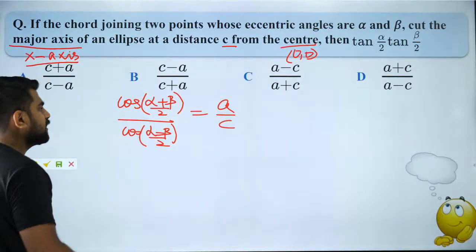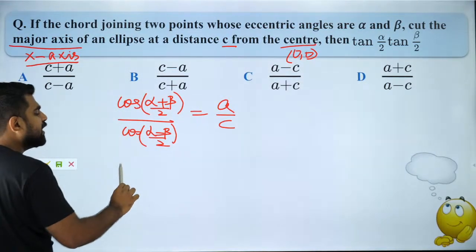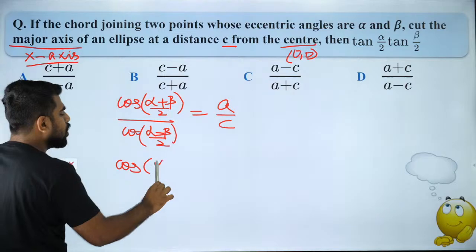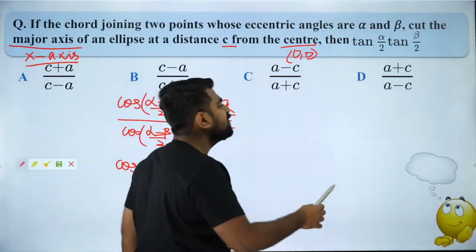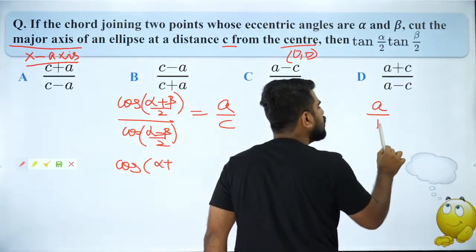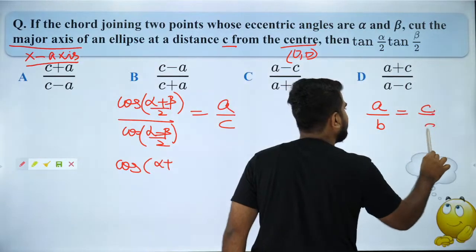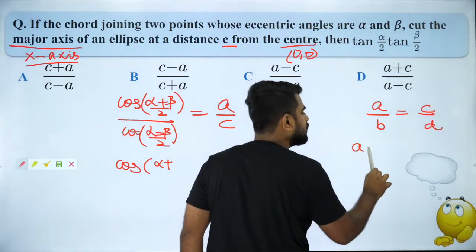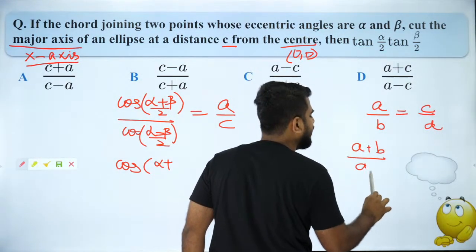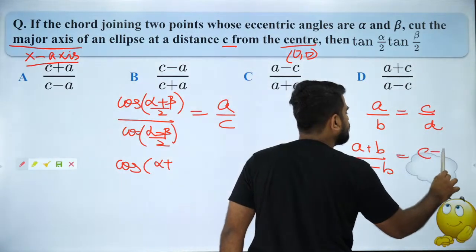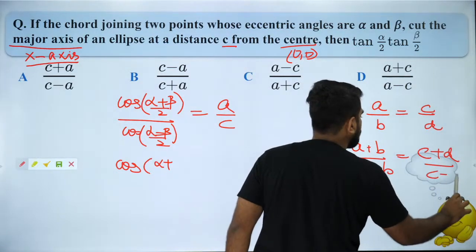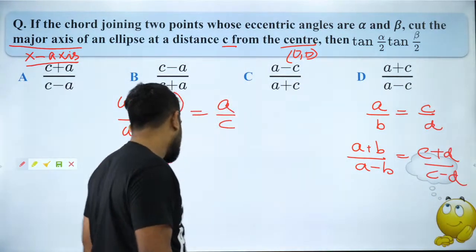Yes? Perfect. So now I will use componendo dividendo. What is componendo dividendo? When you have ratio and proportion, let's say you have a by b is equal to c by d, componendo dividendo says if you write a plus b by a minus b, that will be equal to c plus d by c minus d. You can verify it for any ratio and proportion.